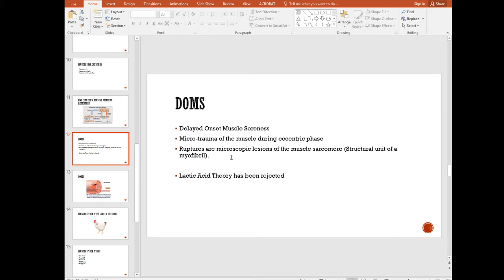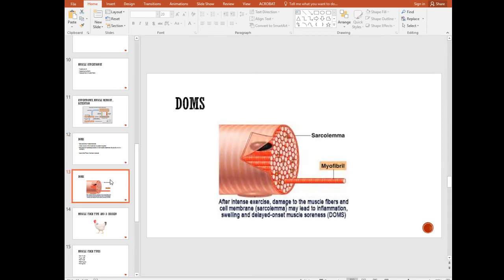We found out that it's more of the damage that's happening at the microscopic level that's causing all the soreness. Just like a wound would heal and be sore, that's what's happening to the muscles. So this just gives you a breakdown of what the myofibrils look like all bundled together.